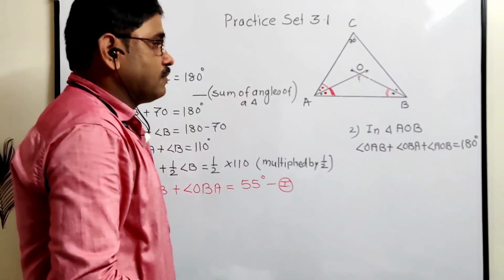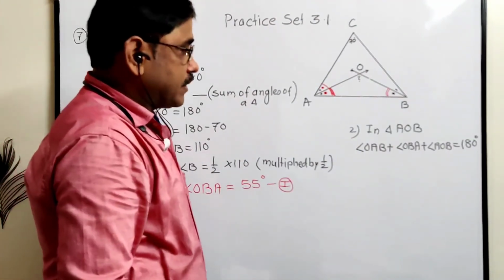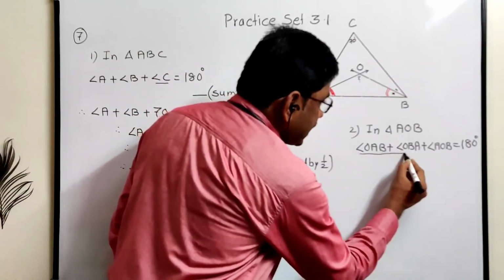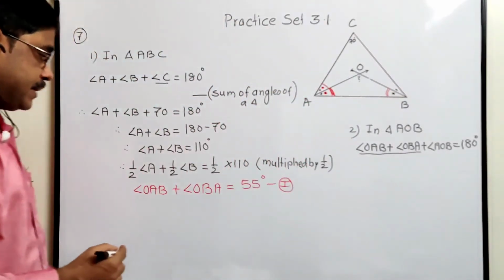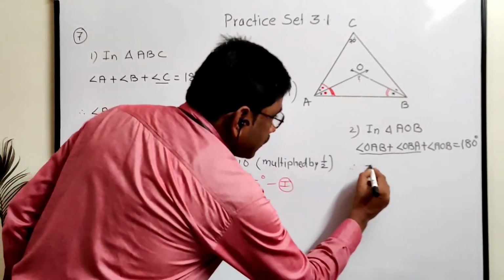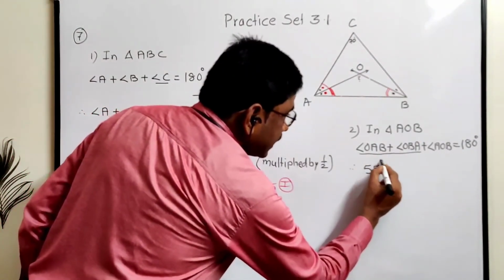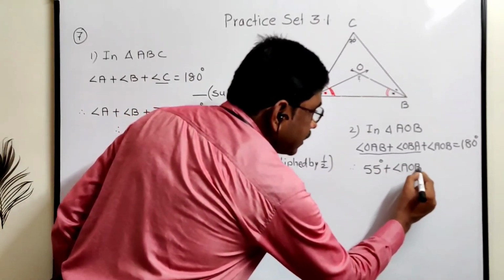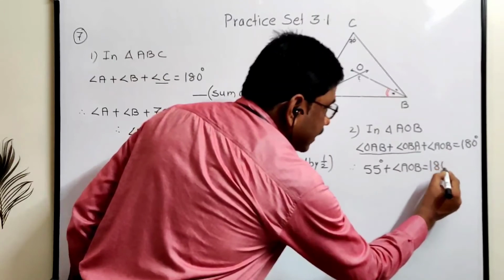Sum of measures of all angles of a triangle is 180 degrees. But from 1, OBA plus OAB, the sum is 55. So substitute this one, 55 degrees plus angle AOB is equal to 180 degrees.